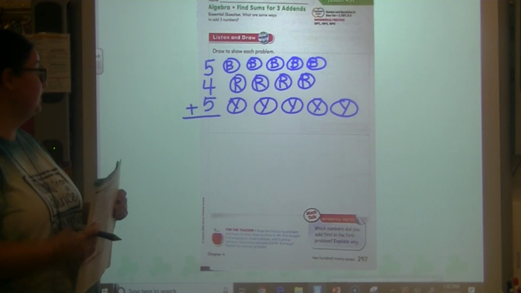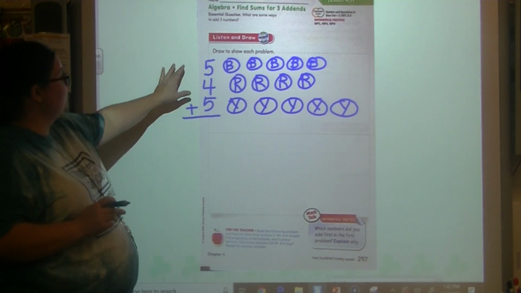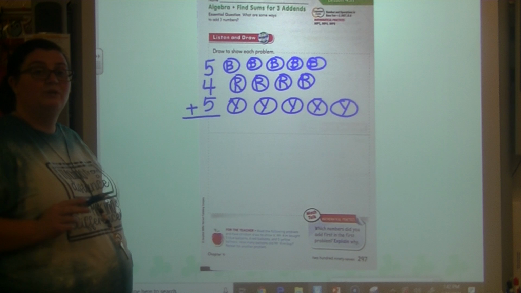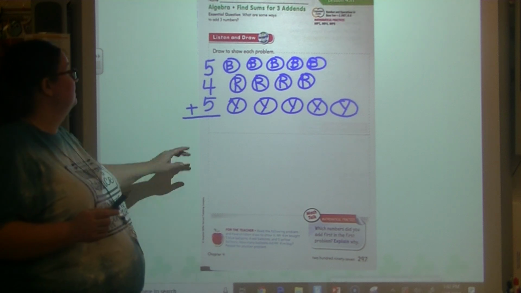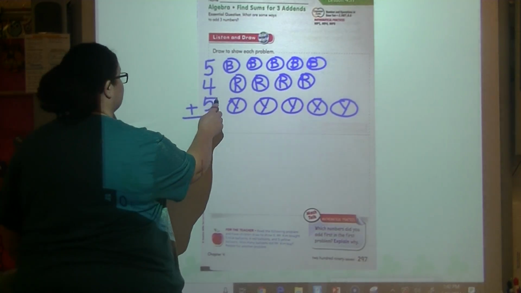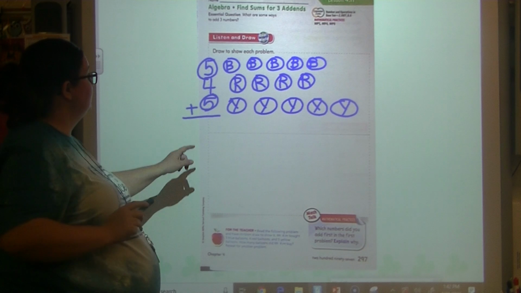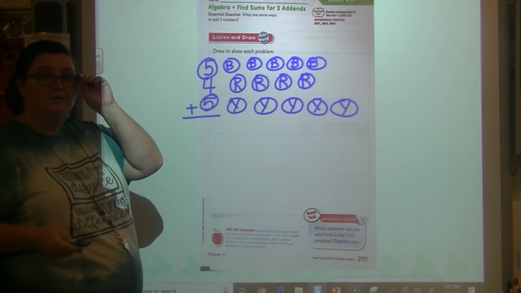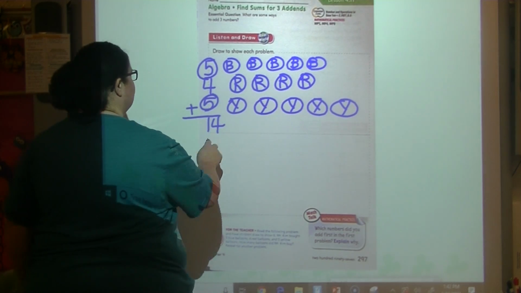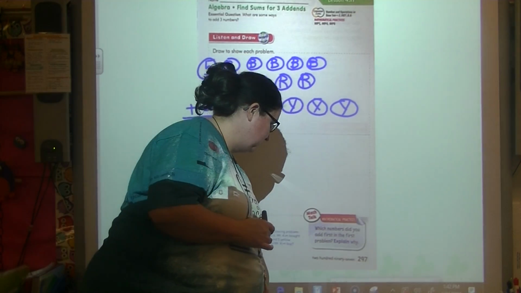All right, we could add our numbers. Do you see 2 numbers that are easy to add together? Which 2 numbers? 5 and 5 make 10. So I'm going to circle them and add them together first. They make 10. Now what's 10 plus 4? 14. Did I get the same answer both times? Yes, I did. So either way works.